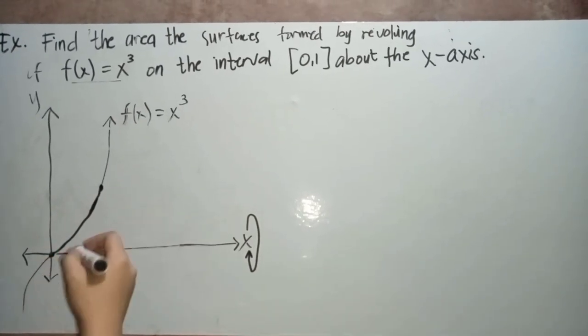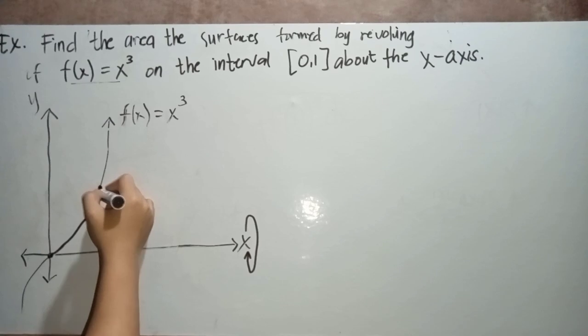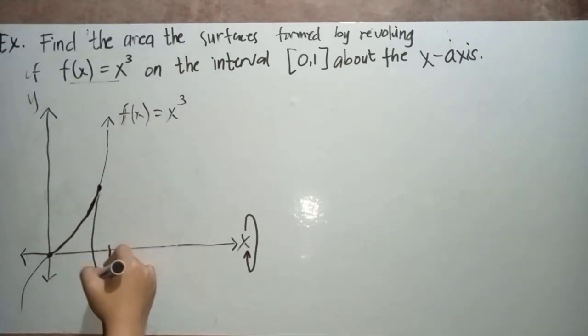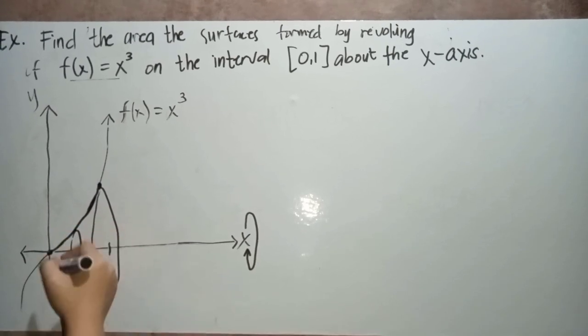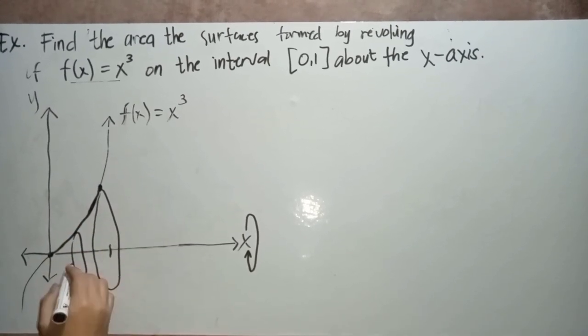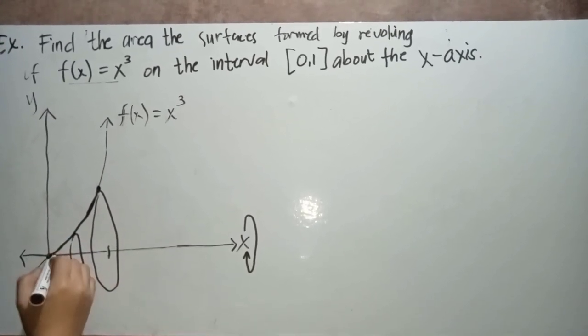If we revolve this curve around the x-axis, our surface would look something like this. You can see the circles that would be formed, and so we have this surface that looks like the outside of a cone.